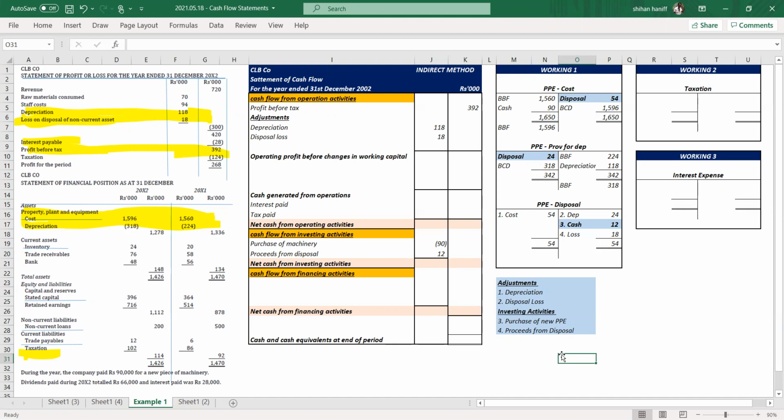So this is the first part, PPE adjustment. Prepare the PPE account, provision account, and disposal, and find these four values. Sometimes they will give you depreciation and disposal loss. Sometimes you have to find those values.